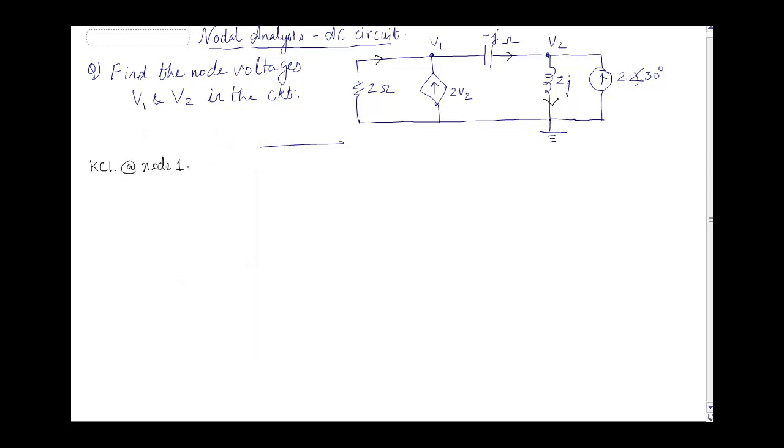node 1. So if you look at this node, current from here is incoming, and this is outgoing. So we will have V1 minus 0 divided by 2, since it is incoming, so it is positive.